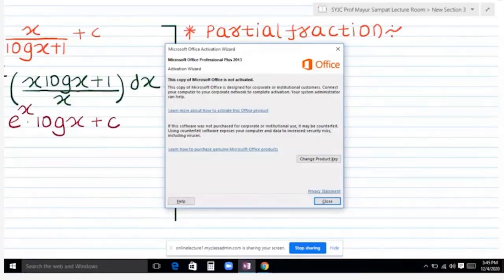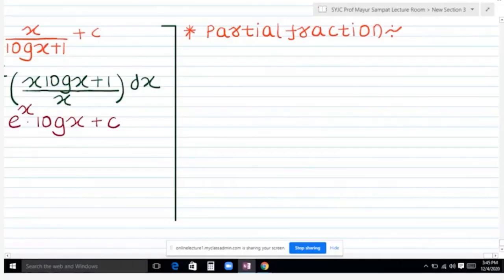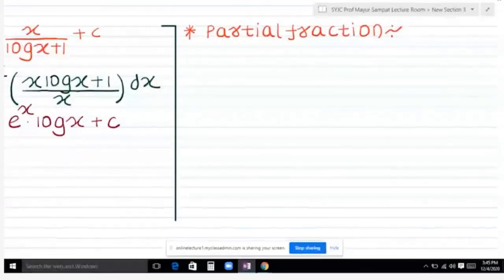Write down: there are four important cases which are to be studied under the partial fraction rule.